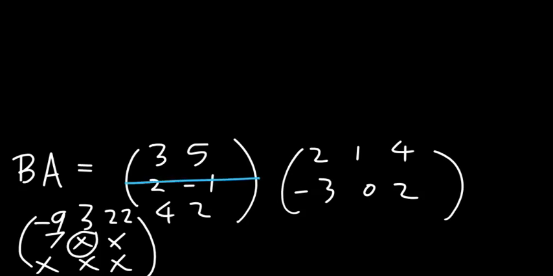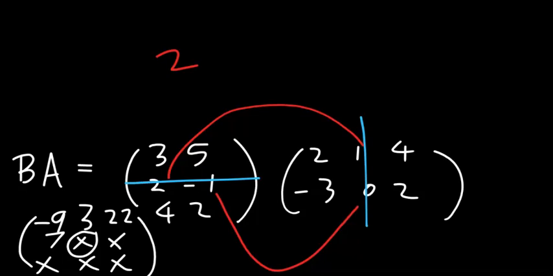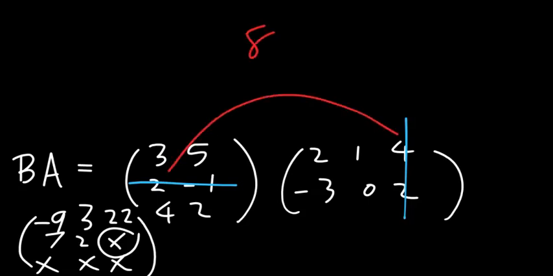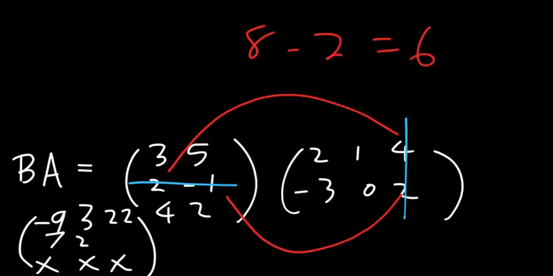So 2 times 1, 2, minus 1 times 0 is 0. So that means 2. That element, it occupies the second row and the third column. So 2 times 4, that's 8, minus 1 times 2, so that's minus 2, and that's going to give you 6 for it. Let's move on to this.